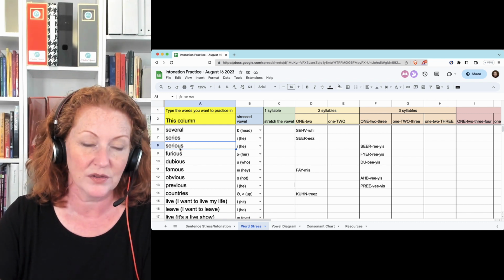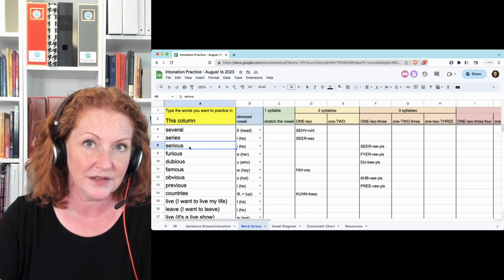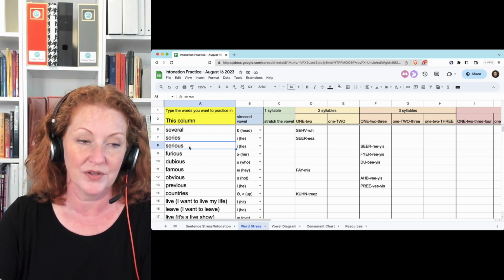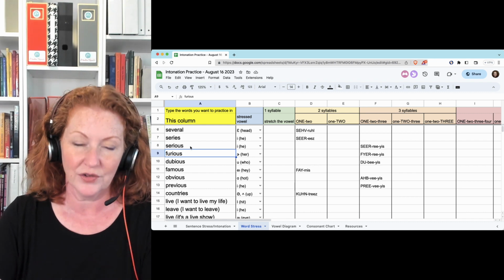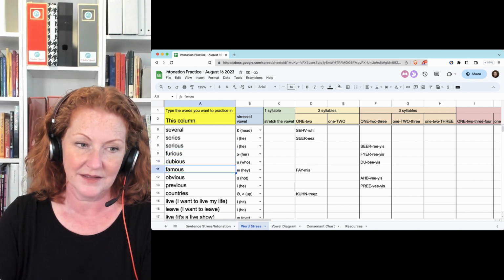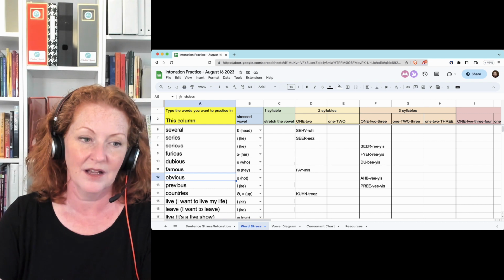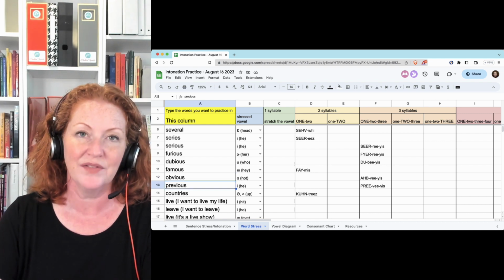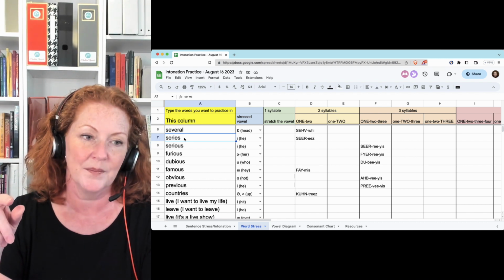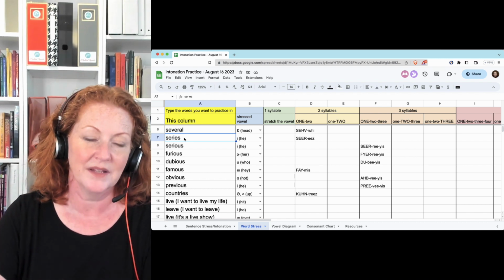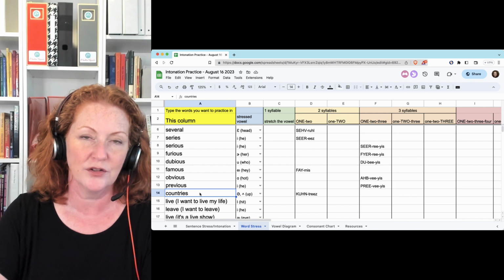The IOUS or just the OUS will sound like us or is. Other words with that same pattern: serious, furious, dubious, famous, obvious, previous. And another word that has the IES ending is the same as series, countries.